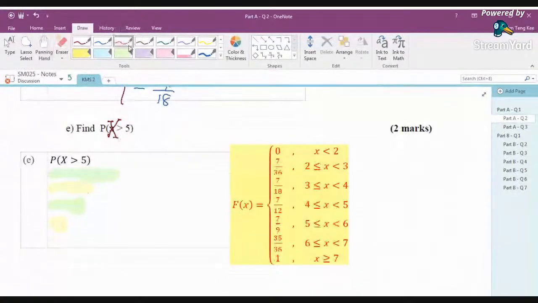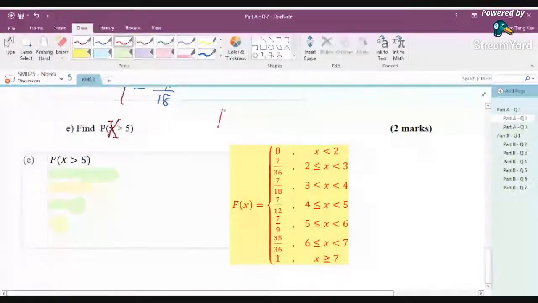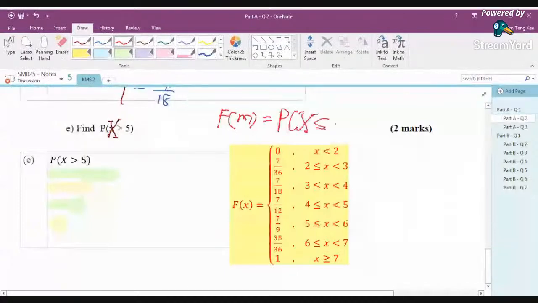So again, for cumulative, we have the definition where I consider X less than or equal. So in order to have less than or equal so that I can use capital F, what I do is use the idea of 1 minus. And be aware that the 1 minus I do here is always correct.